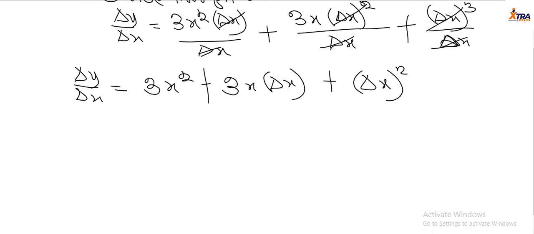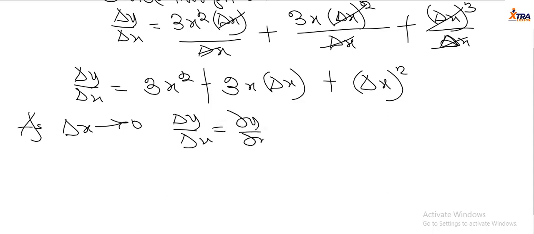So as delta x tends to 0, delta y over delta x becomes dy over dx.